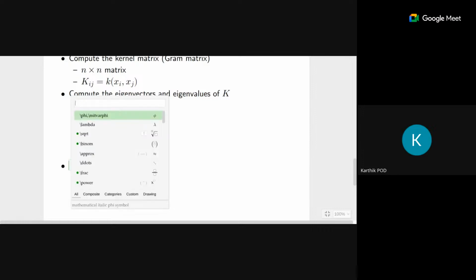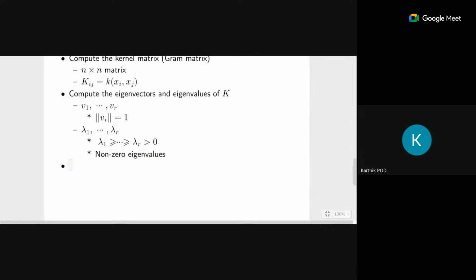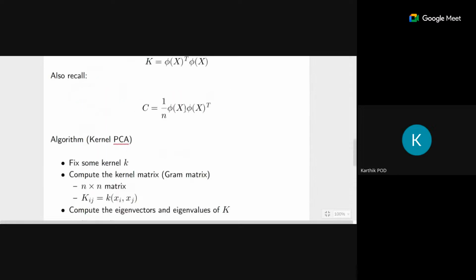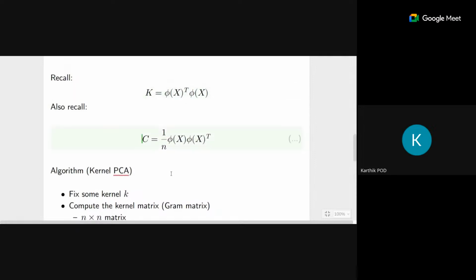So once you have V1 to VR, this is not there in the algorithm, this will be changed, but what you ideally need is to go to the eigenvectors of C. How do you go to the eigenvectors of C once you know that these are the eigenvectors of capital K? What is the formula for going from eigenvectors of K to eigenvectors of C?